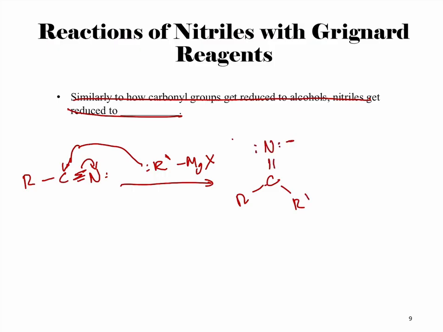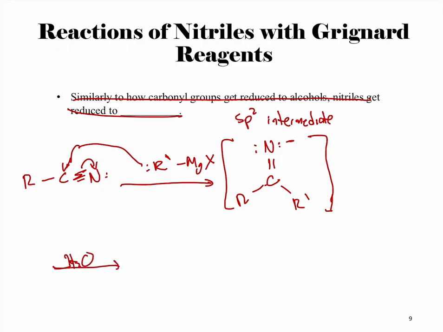And this is an imine, right? This is our sp2 intermediate here. And then with the presence of water, this can then be protonated to then form an aldehyde or ketone. And the byproduct is ammonia in this case.